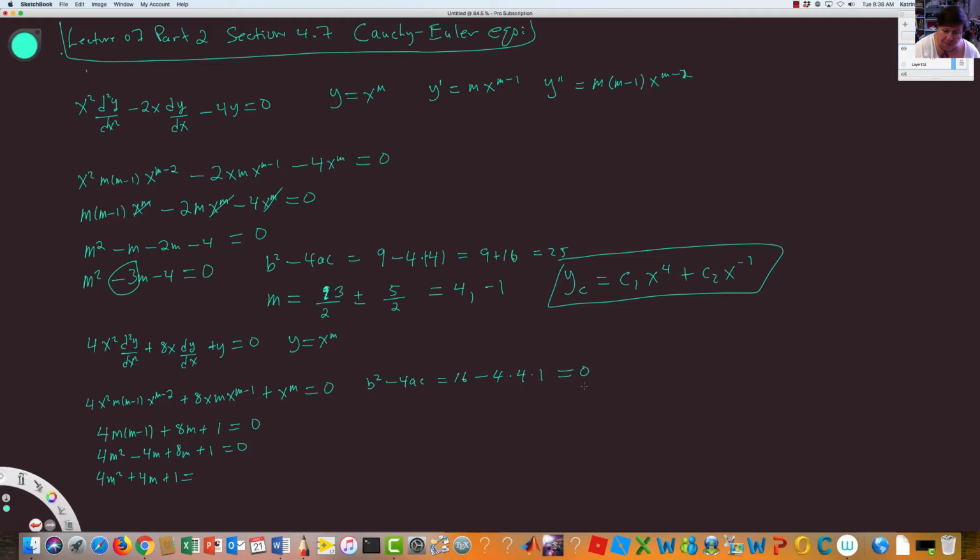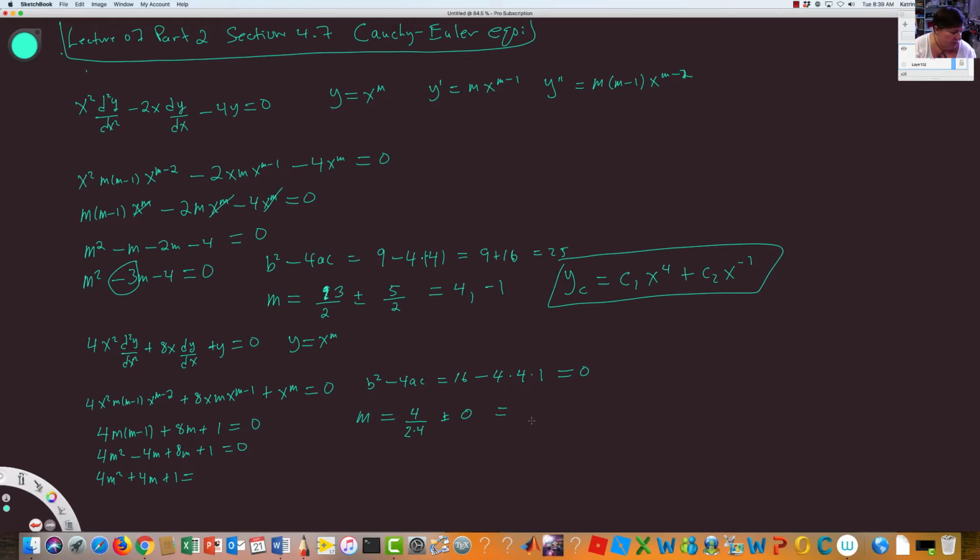So, well, there you go. It's 0. Okay, so remember m from the quadratic equation is minus b, which is 4, I'm going to do this right this time, over 2a, which is 2 times 4, right? Plus or minus 0, right? So these are the same roots, and they're all equal.